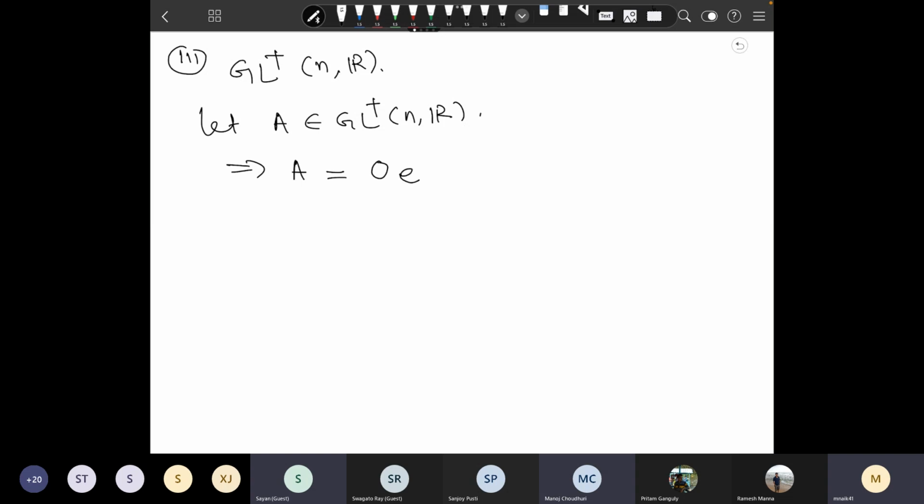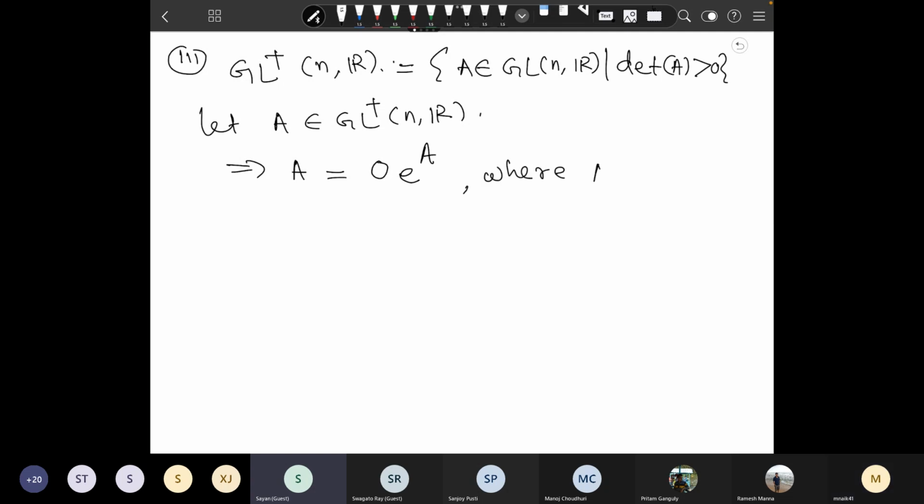This is positive determinant. So let's write that: A belongs to GL(n,R) such that the determinant of A is greater than 0. So A = O e to the power S, where S belongs to S(n), right?